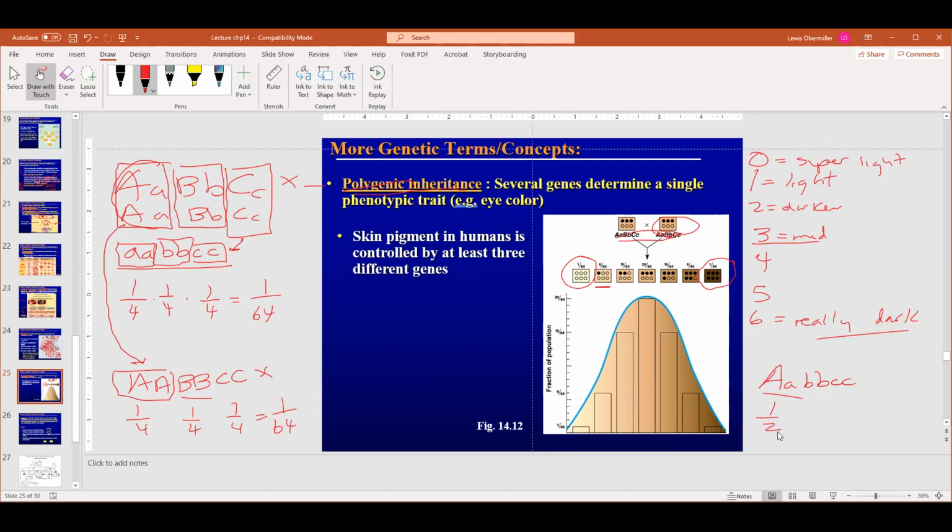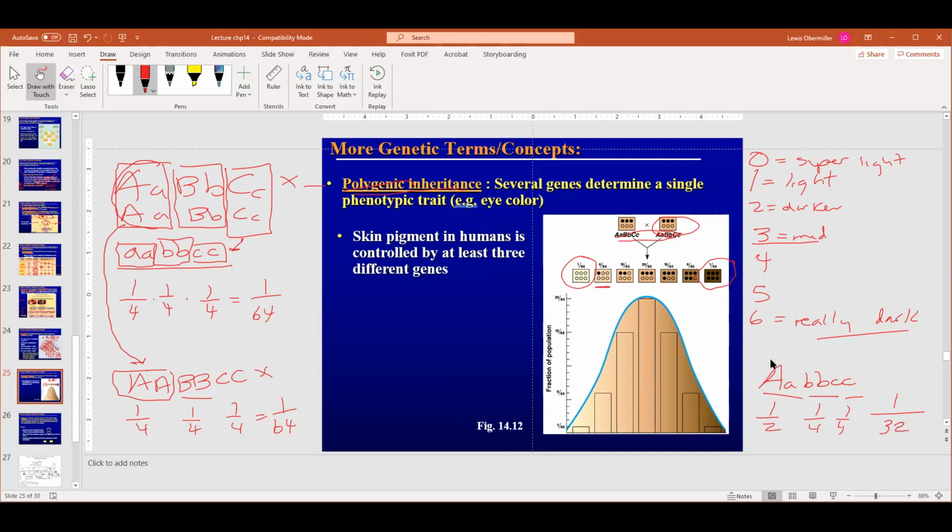So this is 2/4, which I reduced to 1/2. This is 1/4. This is also 1/4. So we can multiply these together, and we would get 1 times 1 times 1 is 1, and then 4 times 4 is 16, times 2 is 32, right?